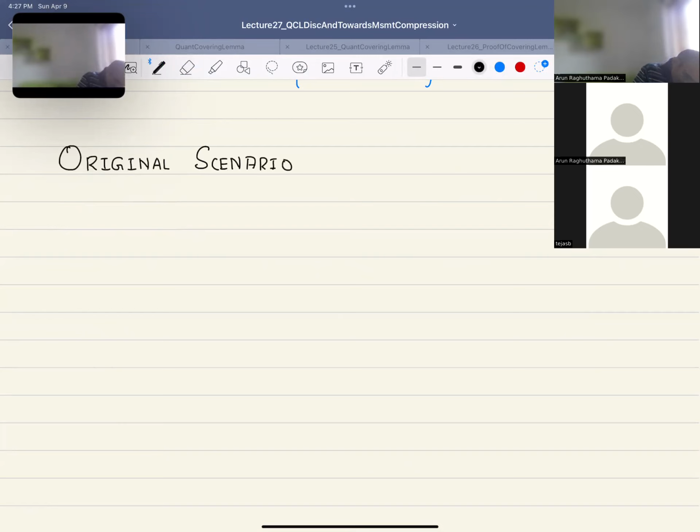Alice is sitting here. Bob is sitting here. Alice holds the quantum state and she holds the classical register. Let's say Bob also holds a classical register. Now, initially, so this is post measurement.